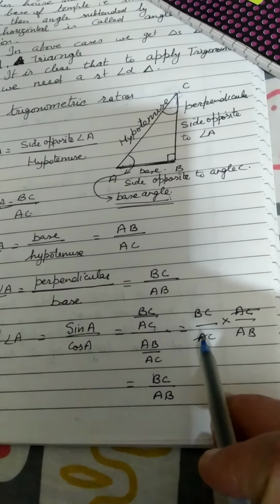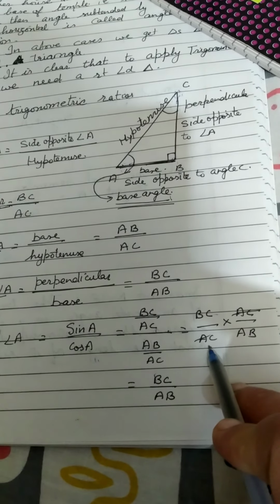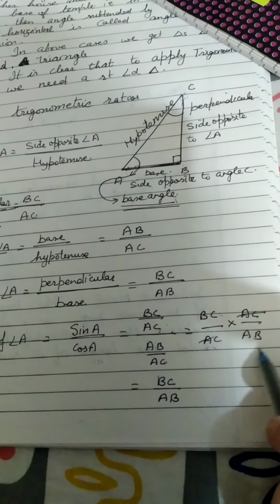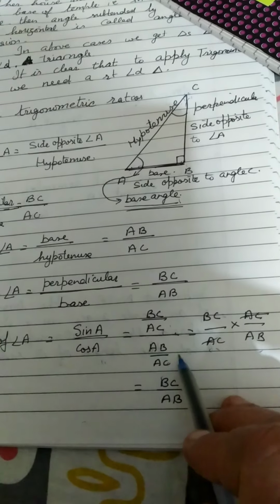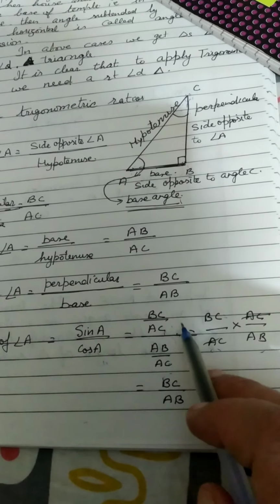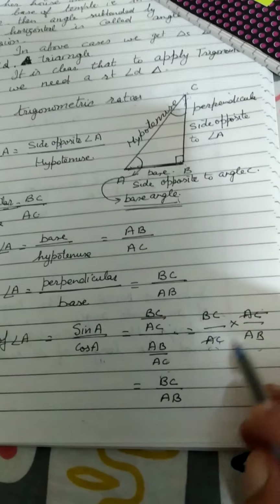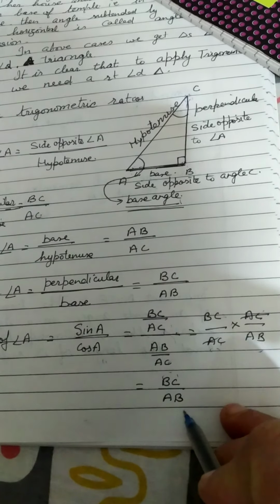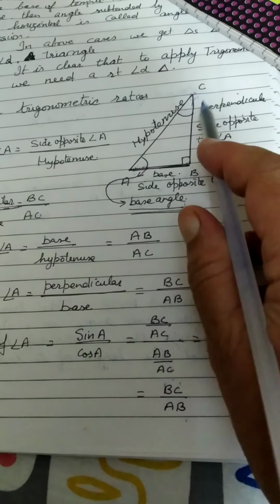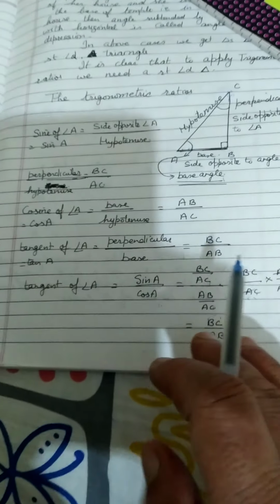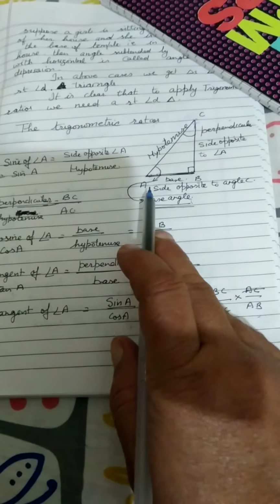Then it becomes equal to BC upon AC into AC upon AB. We get the reciprocal of AB by AC when it goes into the multiplication. Then AC cancels and we get BC upon AB, perpendicular upon base. It is tangent of angle A.